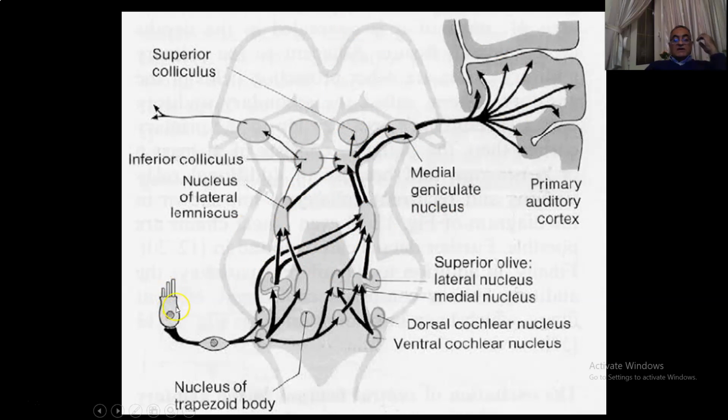Again, the receptors, the hair cells, as we said, and you all remember how mechanical energy is transformed into electric energy.